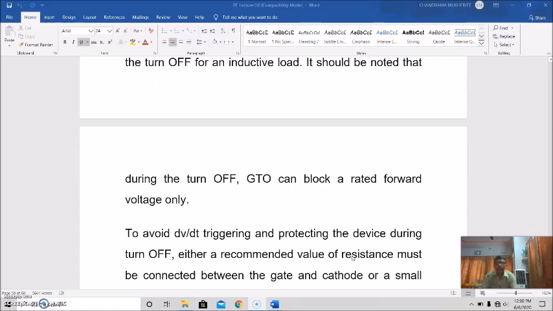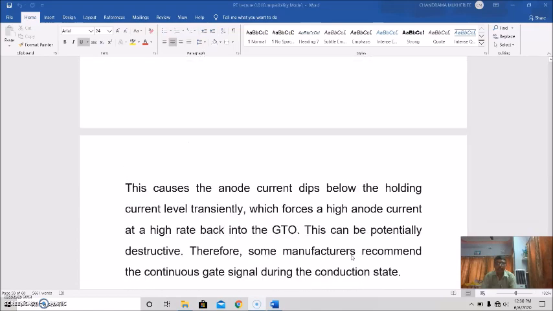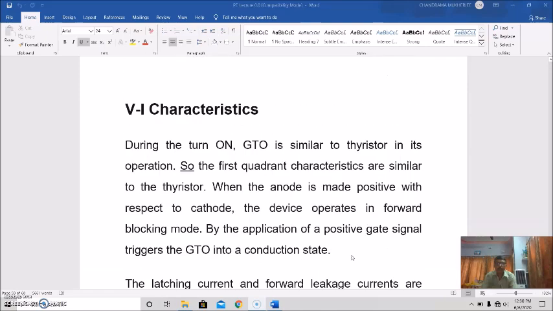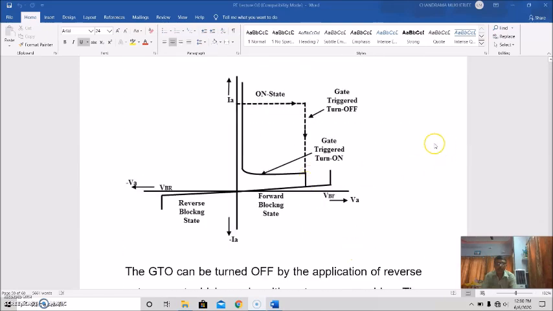So that, in a nutshell, is about the VI characteristics of the GTO, in the conduction state and in the off state. These are nicely depicted in this figure in different states. This is the blocking state.